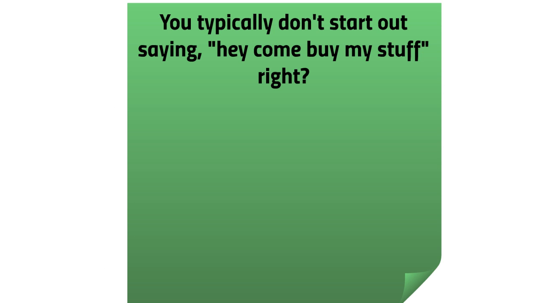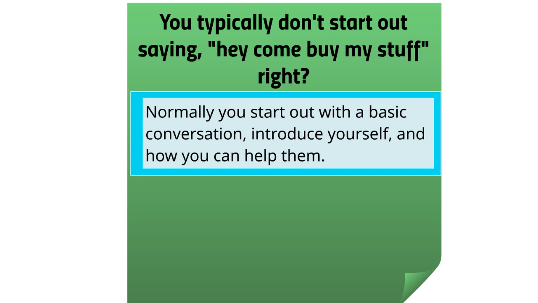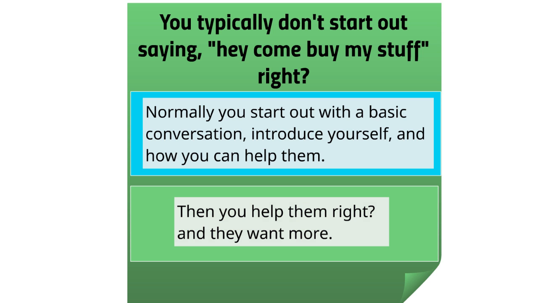Now, if you start out, you typically don't start out saying, hey, come buy my stuff, right? You never say that if you were to meet somebody. Normally you start out with a basic conversation. Introduce yourself, how you can help them, and then you help them out more.